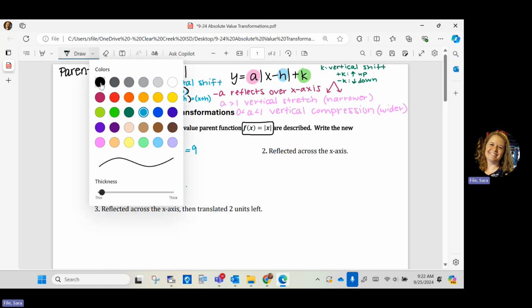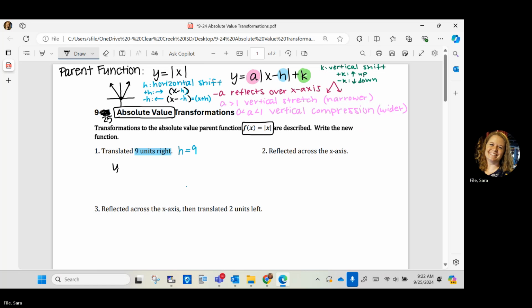So in my equation, remember, it is x minus h. So when I plug in my h of 9, I actually get x minus 9 as the equation.